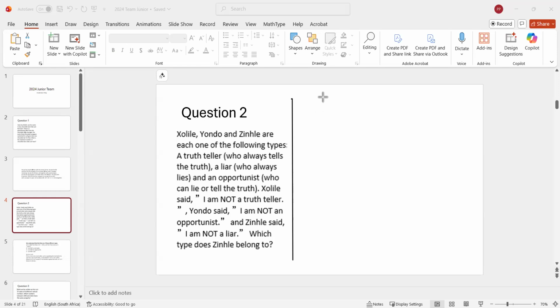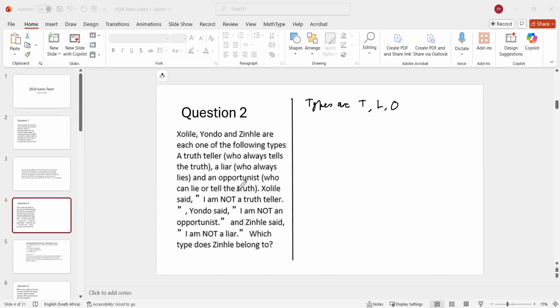Truth teller, we'll call it T, T for truth teller. One of them is a liar, and the other one is an opportunist. The opportunist can lie or tell the truth.